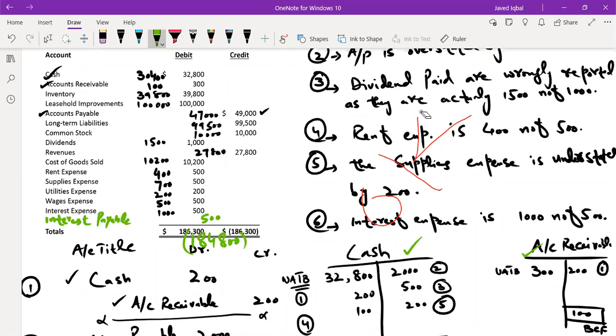Then 1500 plus 10200 plus 400 plus 700 plus 800. So the answer is 183,900. So this is coming as 183,900.